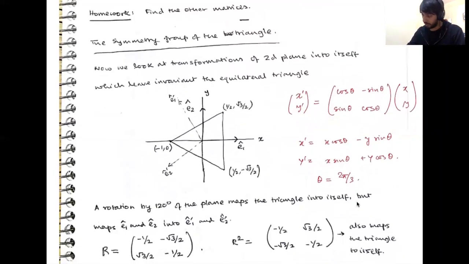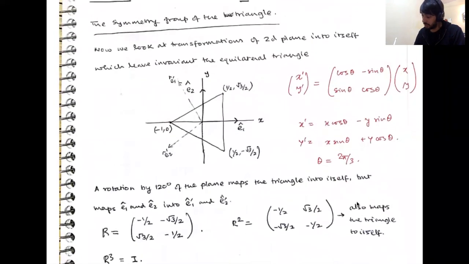Now let's do this. Once you do that, this rotation by 120 degrees boils down to something, where R is given by the matrix with entries minus 1/2, minus root 3 over 2, root 3 over 2, and minus 1/2. R squared is going to be a rotation by 240 degrees, and you'll find that R squared is this.